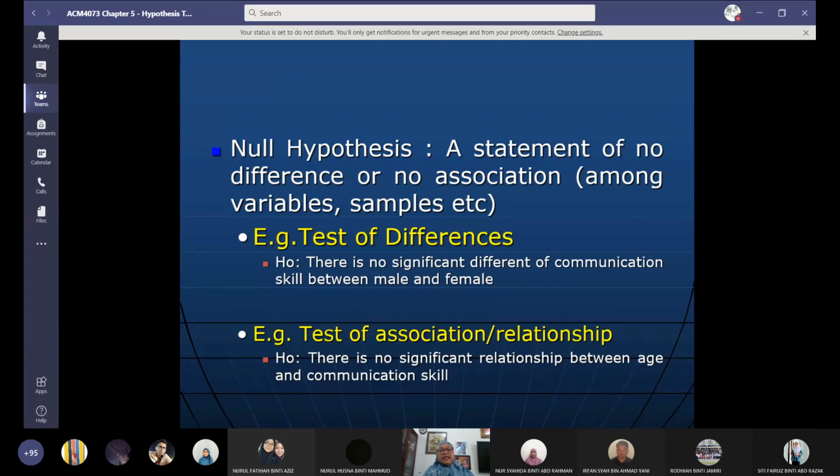That is null hypothesis for differences. If we want a null hypothesis for association or relationship, this is the example. There is no significant relationship between age and communication skill.